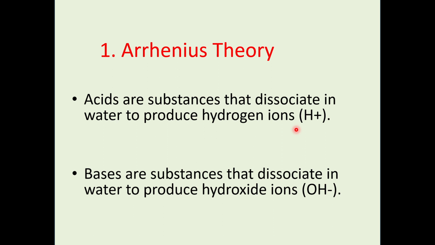So, according to Arrhenius, when you put an acid into water, it should produce hydrogen ions. If any substance put inside water dissociates into hydrogen ions, then it is an acid. Whereas bases are substances that dissociate in water to produce hydroxide ions, OH-. So any substance that produces OH- ions when put inside water is a base, according to Arrhenius.